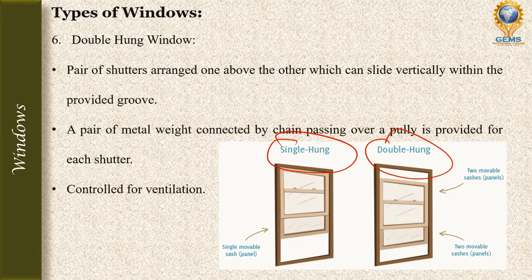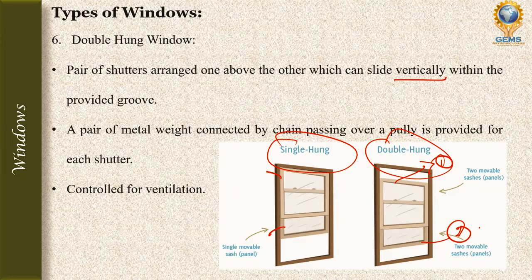In a double hung window the window will move in only one direction, that is vertically. If the two shutter frames can be moved, then we call it a double hung window. If one shutter frame is fixed to the window frame and another one can move, we call it a single hung window.